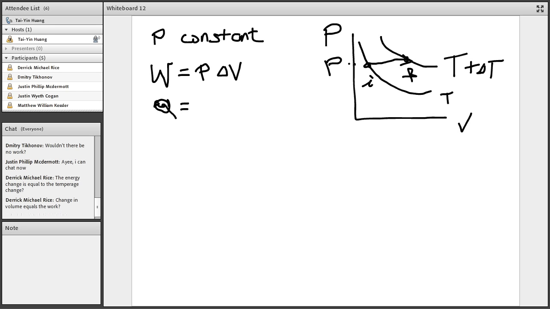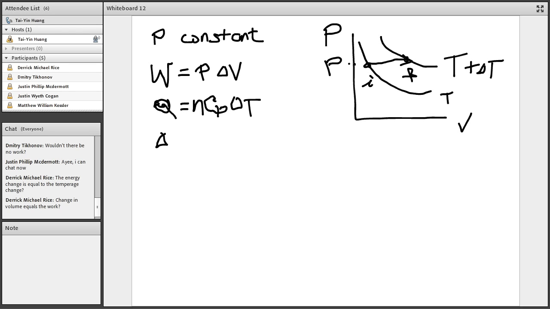You have the number of moles, and then the specific heat, but now it is at constant pressure, and then times the change in temperature, delta T. So this will be the expression for the heat transfer during this constant pressure process: nCP delta T. So now we have work, we have heat, so we can find out how much the change in internal energy is.